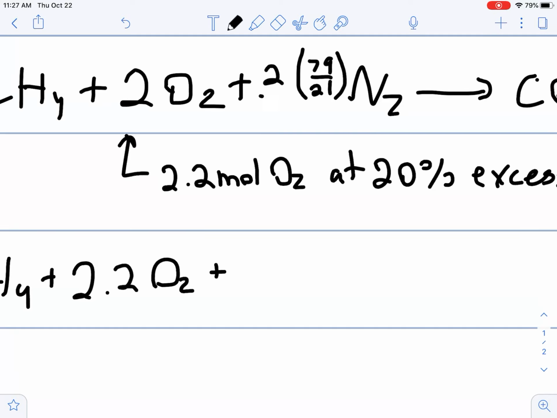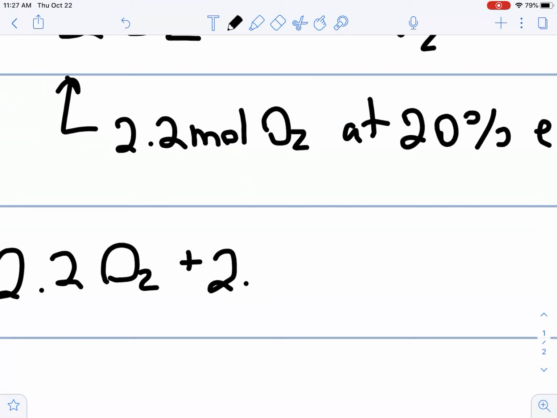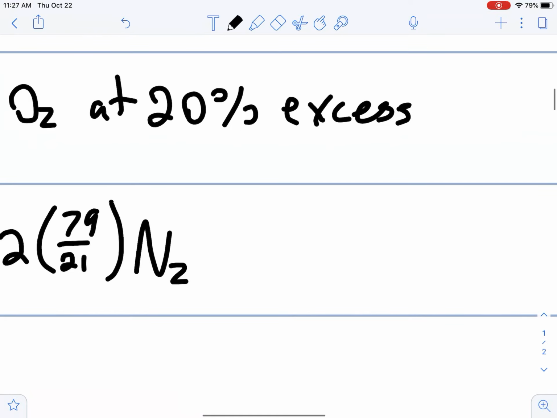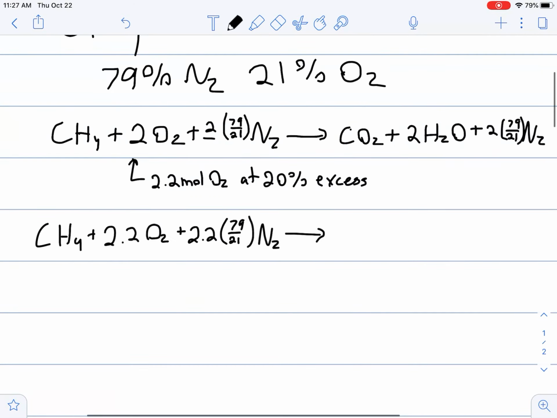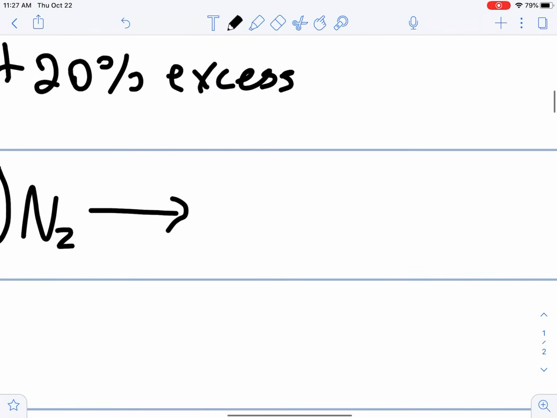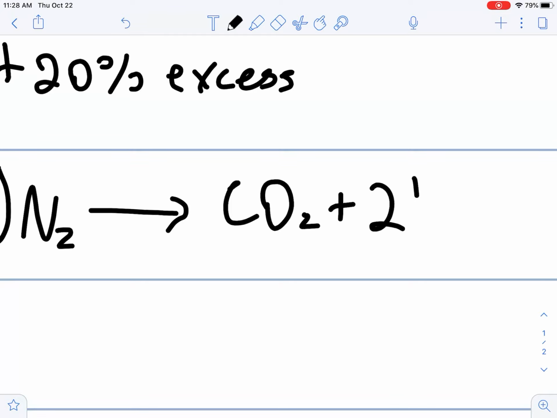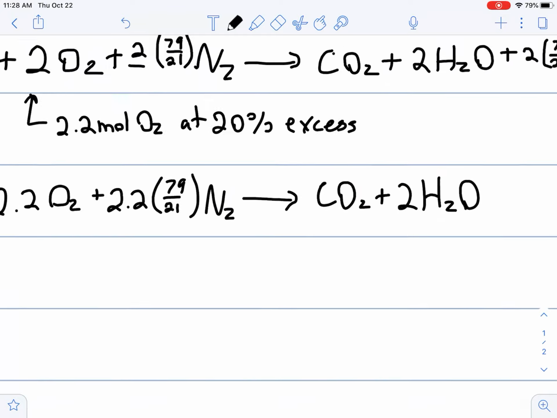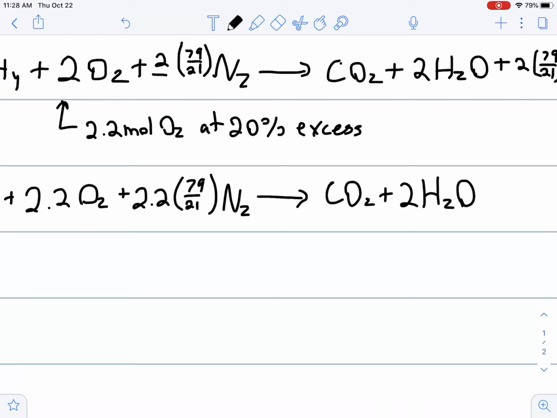So instead of this 2 here, we have a 2.2, 2.2 times the 79 over 21 N2, and that yields, our limiting factor here is our methane, our CH4. So we're only going to produce the amount of products that the CH4 would allow us to do. So in that case, it is 1 mole of carbon dioxide, CO2, and 2 moles of water, 2H2O.